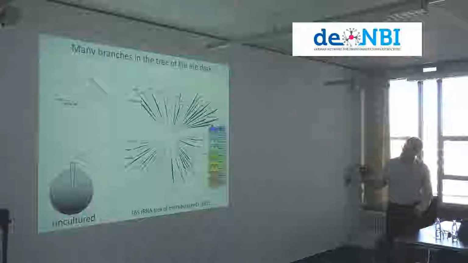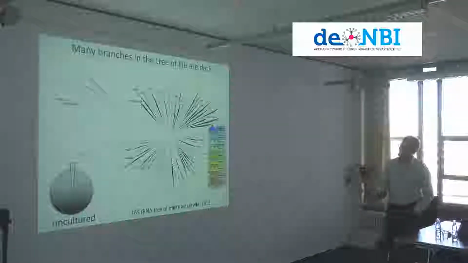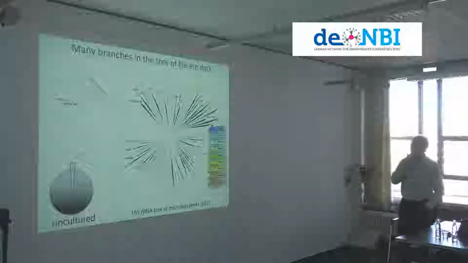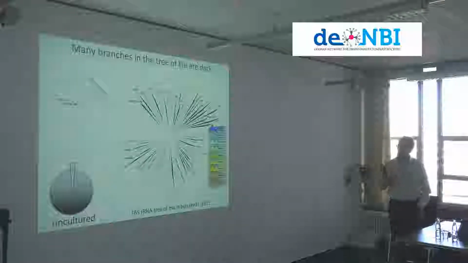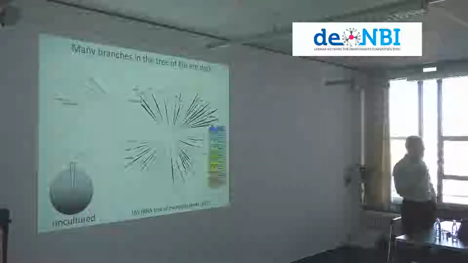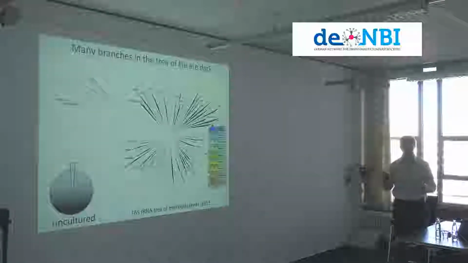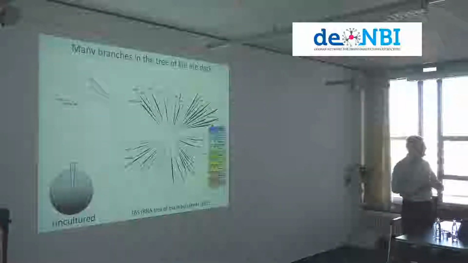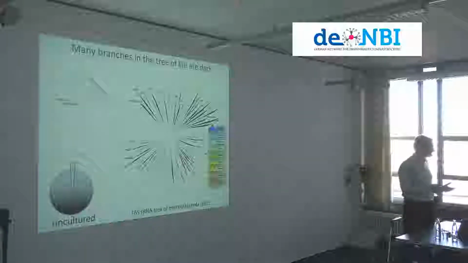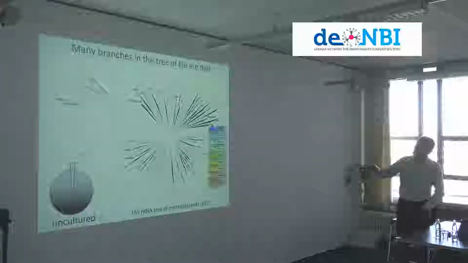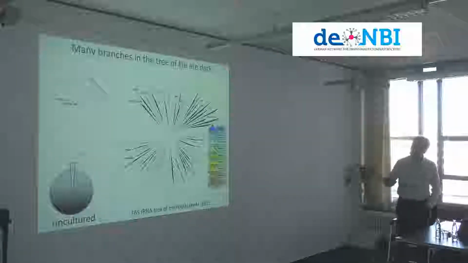And when you look at this, the gray branches here are the phyla where we have cultured organisms, right? And by cultured organisms, I mean you have organisms which you grow in the lab, and when you grow them in the lab, it's easy to sequence them. Okay? So for these gray branches, we do have genomes available.